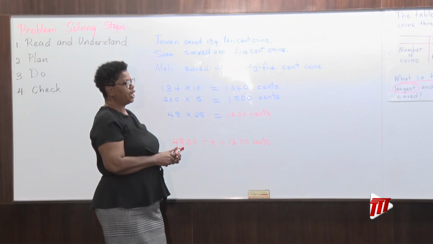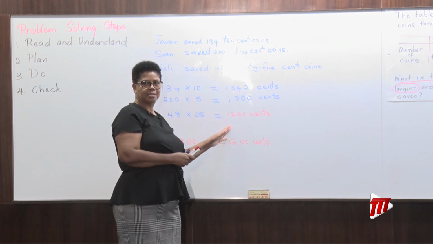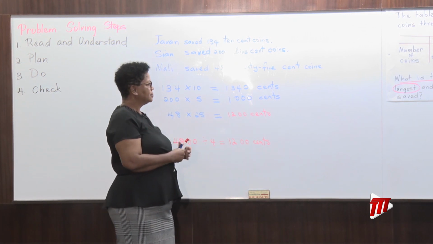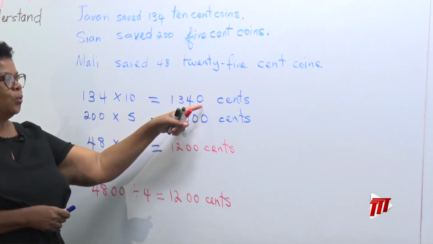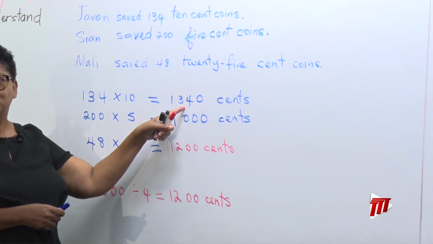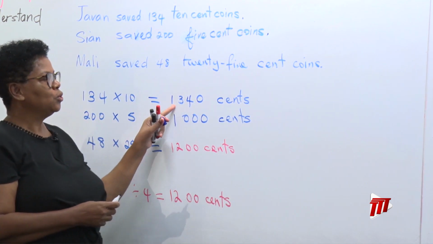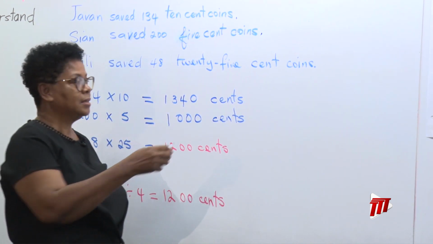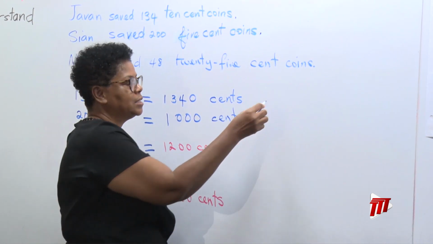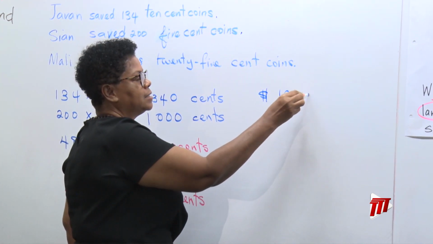Now we want to change these cents to dollars and cents. So we are going to move our point 2 places to the left. So the 1,340 cents becomes $13.40.